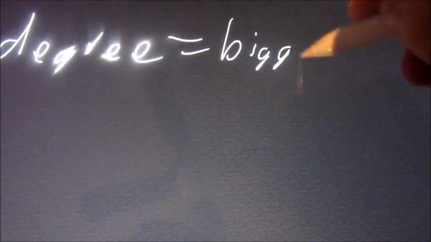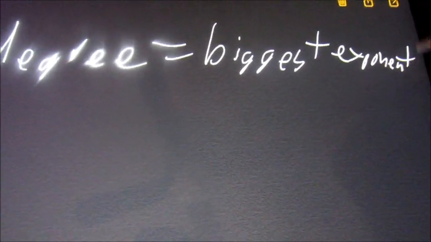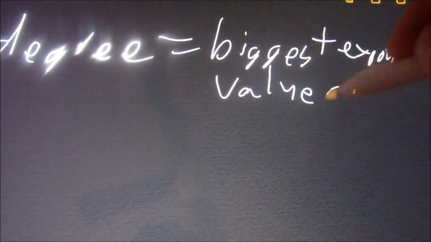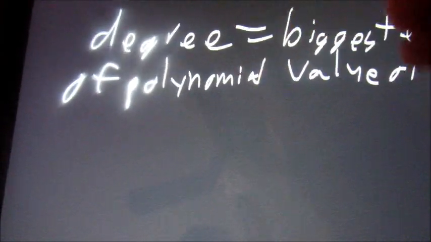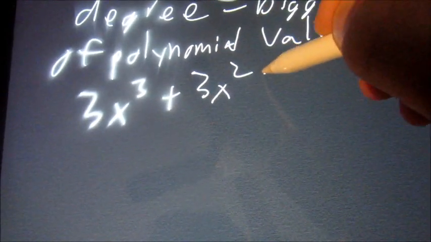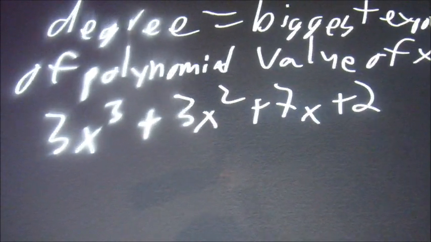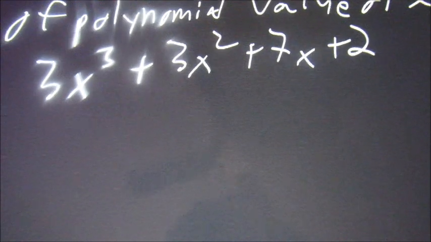Okay, so the degree of the polynomial equals the biggest exponent value of x. So if we have something like 3x to the 3 plus 3x squared plus 7x plus 2, what we're going to do is look at all of the exponents here.